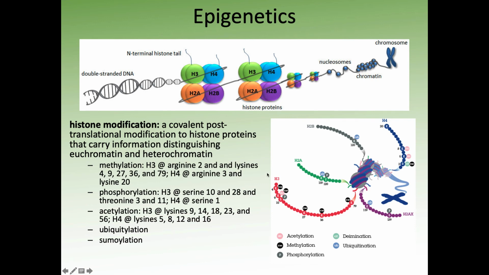So we would call this H3K27 methylation if we're going to talk about this specific modification, or H3K9 acetylation in this case, in this position. So that's how we can identify which spot we're looking at.